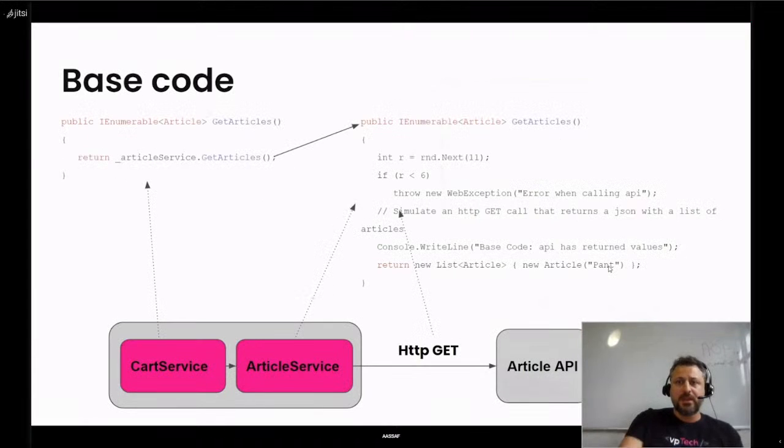In order to present that, I will proceed by example. In my example, I'm taking a simple case of two services, cart service and article service. Article service plays the role of a proxy for a microservice, a remote API called article API.